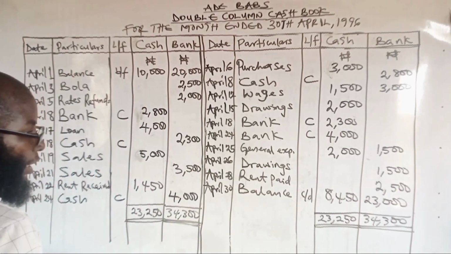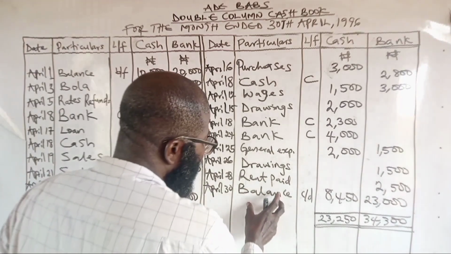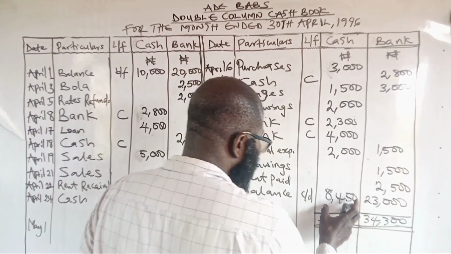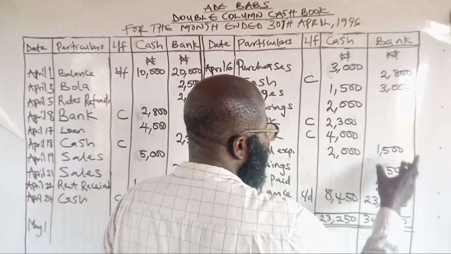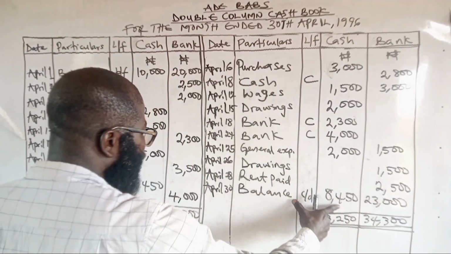Then you now come to the debit side there, you write May first, because the next month after April is May. This is the amount I'm having in my cash account at the end of April 30th. The same thing, I'm having 23,000 in the bank account. That is what indicates this very particular balance.